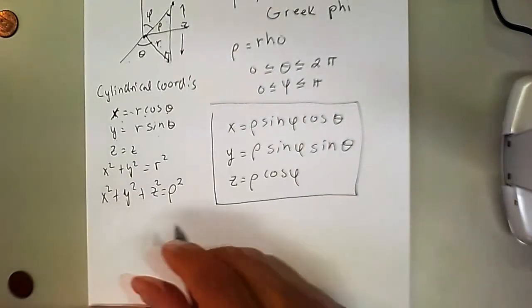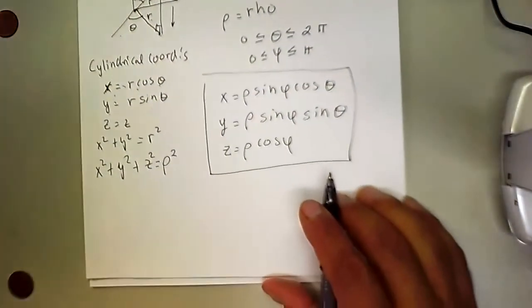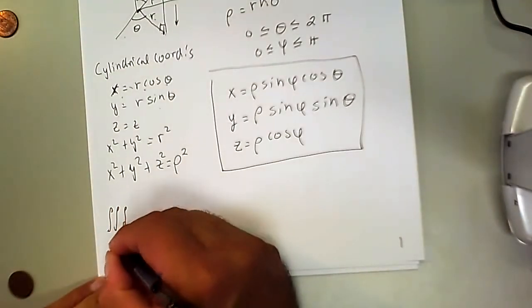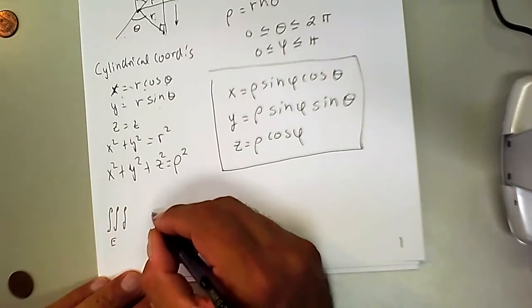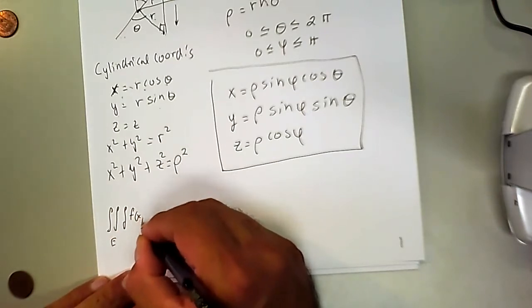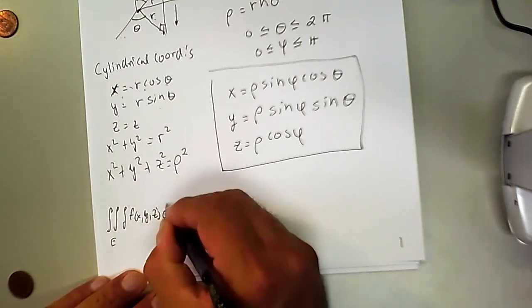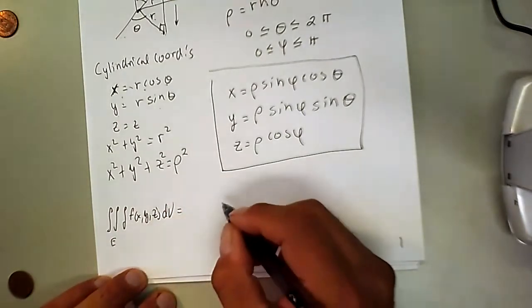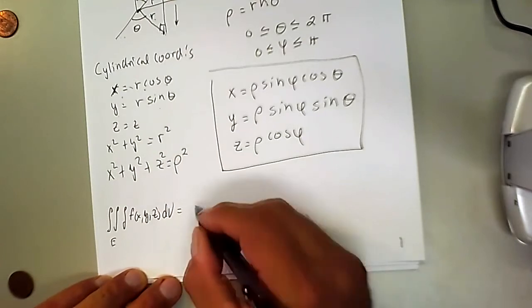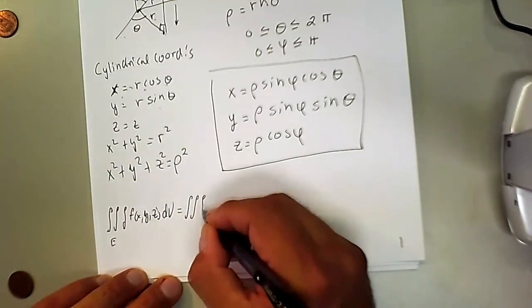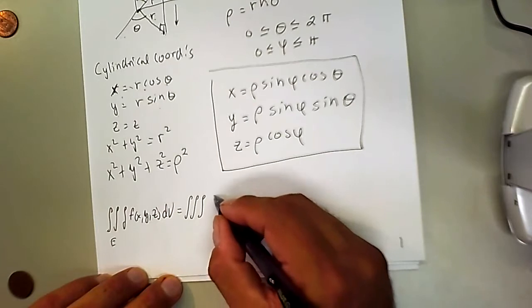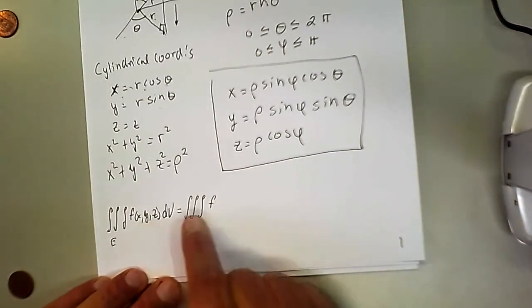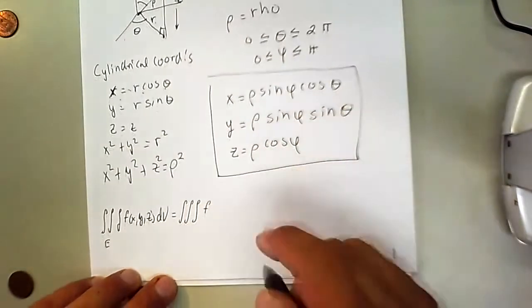Any triple integral over some solid of f of x, y, z with respect to its volume is equal to the triple integral of the function, but instead, everywhere where you see an x in the original function, we're going to replace it with this big long thing.